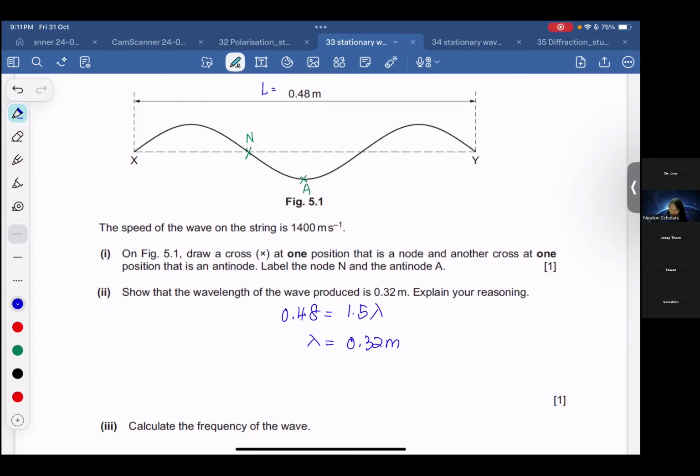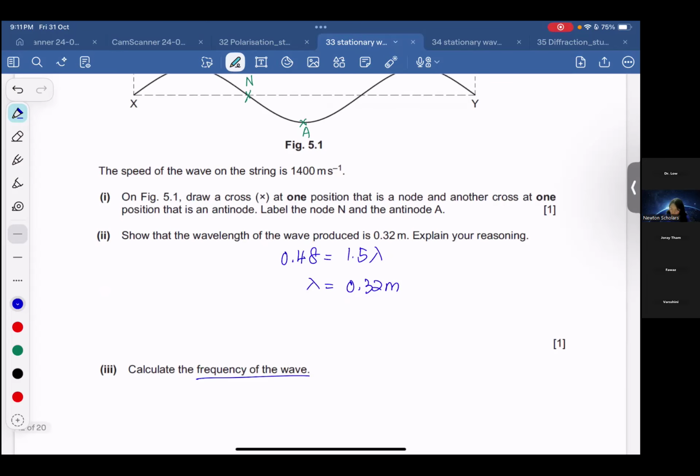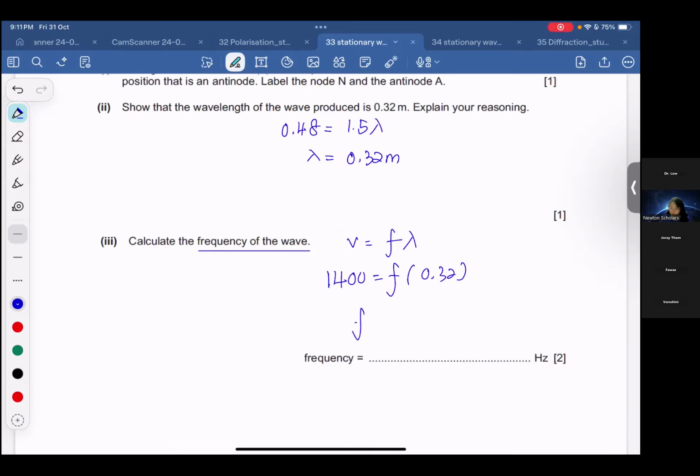Can you calculate the frequency? v equals f lambda. We got the speed already. To 3 significant figures.